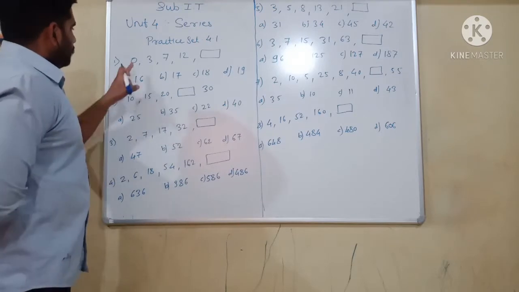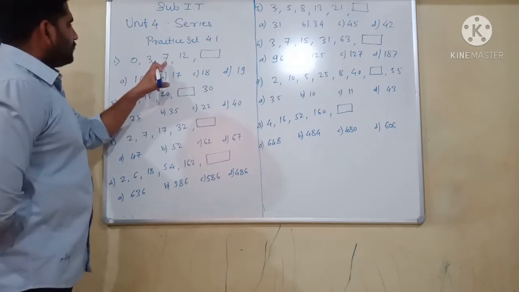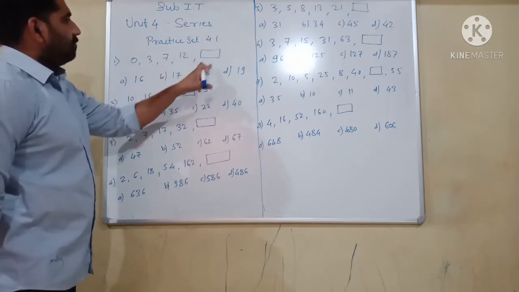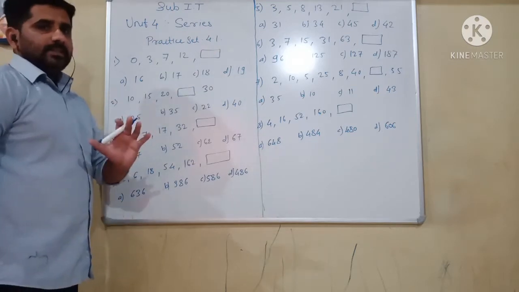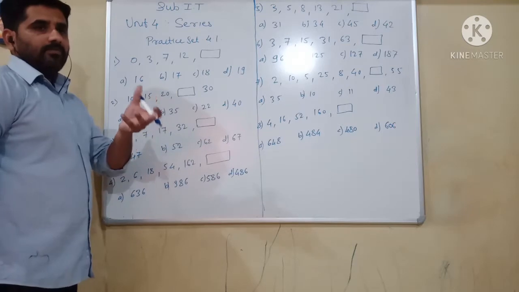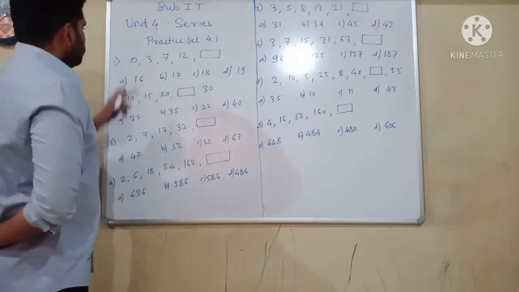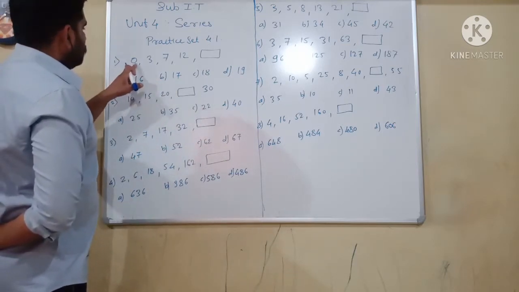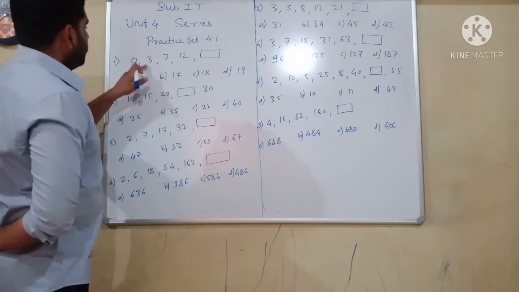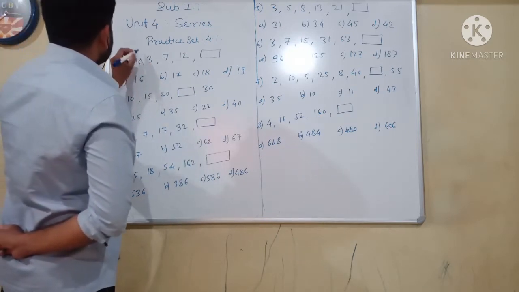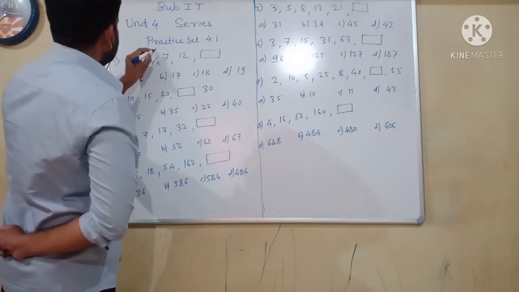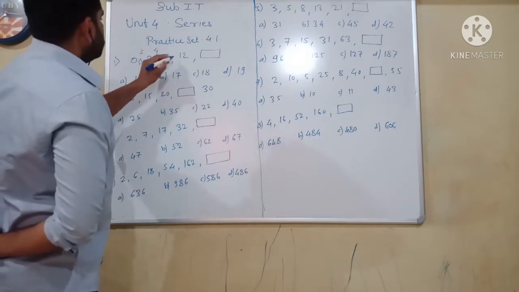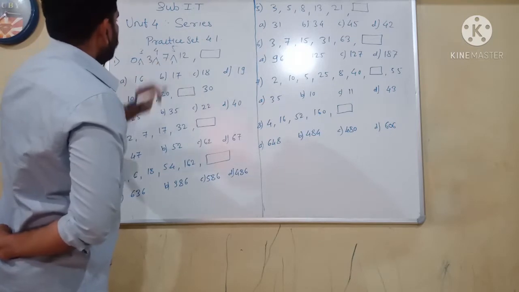The first question is given: 0, 3, 7, 12 and a blank box. We have to understand what type of sequence is given. See here, 0 to 3, how much is the gap? 3 is the gap. 3 to 7 is a gap of 4. 7 to 12 is a gap of 5.